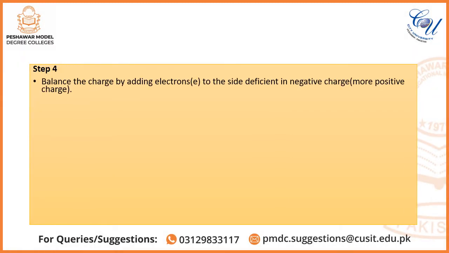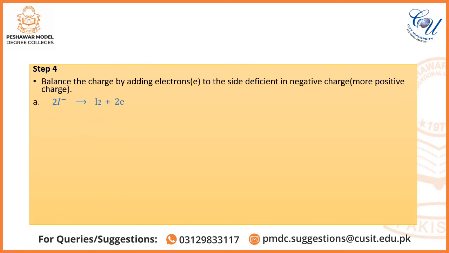Step 4 is now balance the charge by adding electrons. We will add electrons to that side that is deficient in negative charge, or in other words, has more positive charge.